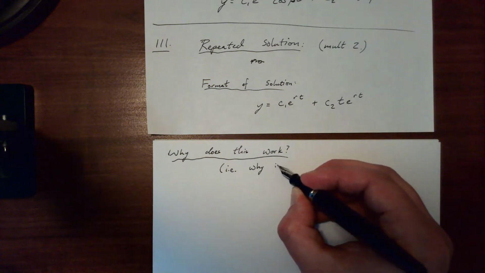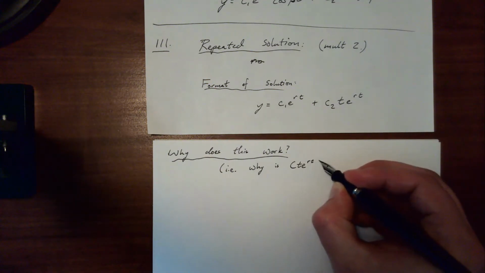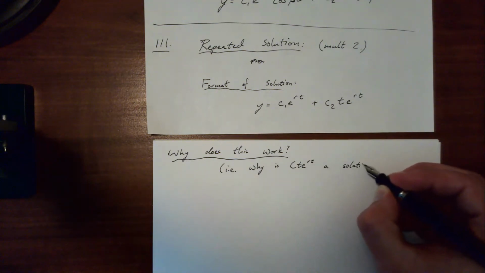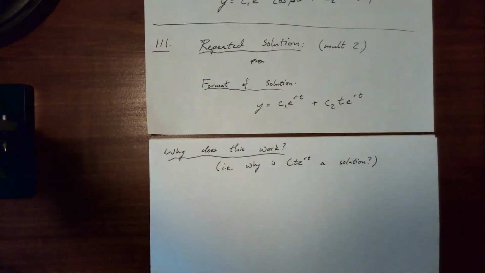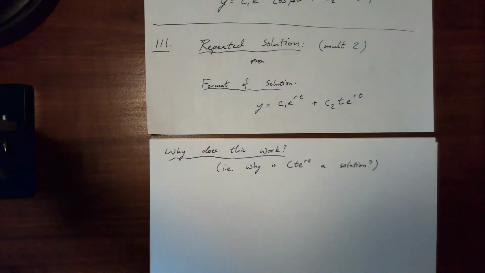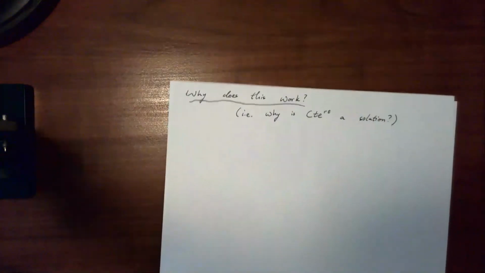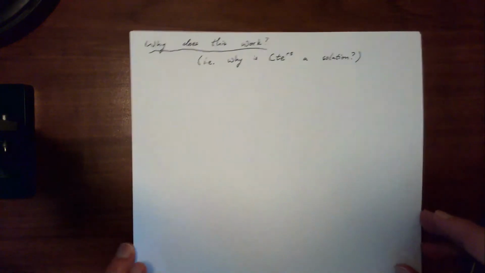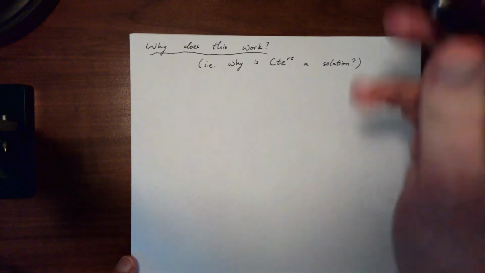So y is c t e to the rt, a solution. Alright, well, to answer this question we have to think a little bit more about what it means to have a multiplicity 2 solution to our characteristic equation. Or just in general, what is the deal with multiplicity 2 solutions overall?